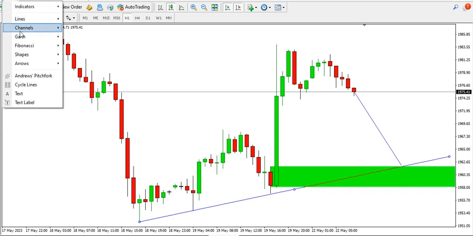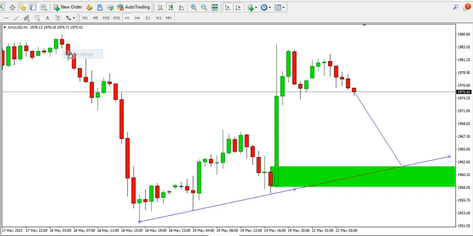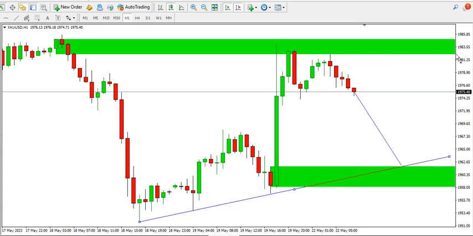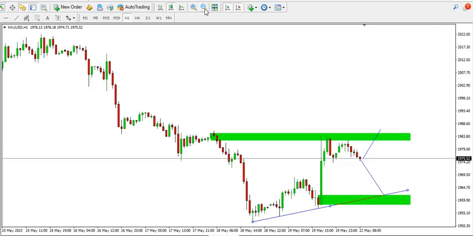This particular order block is where price is trying to break. It's trying to break this resistance. If price is able to go back up and break this resistance, we might see price aiming for the next order block.